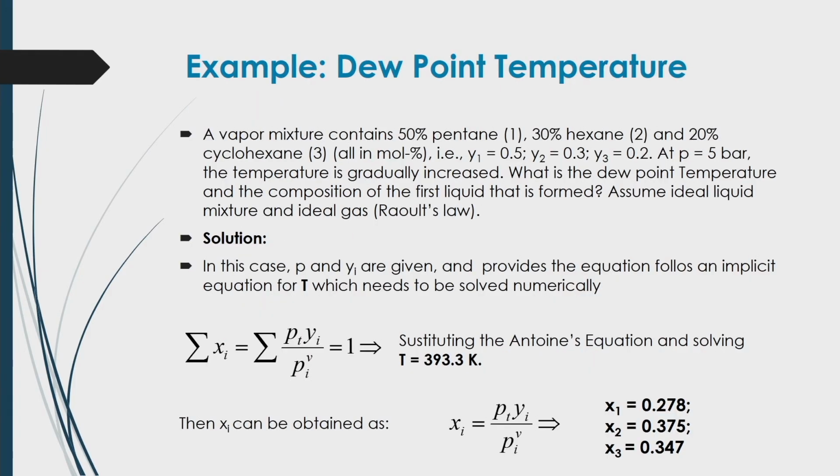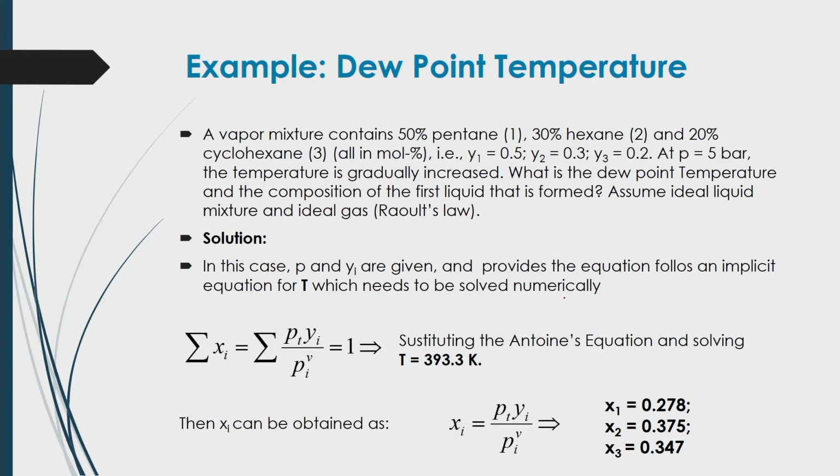Now, how to calculate the dew point temperature accordingly, as per the same problem given in the previous example: a vapor mixture contains 50% pentane, 30% hexane and 20% cyclohexane, where Y1, Y2, Y3 are given to you, and at a pressure of 5 bar the temperature is gradually increased. What is the dew point temperature and the composition of the first liquid that is formed? Assume an ideal liquid mixture and ideal gas law.